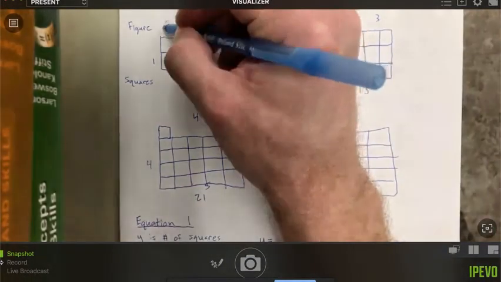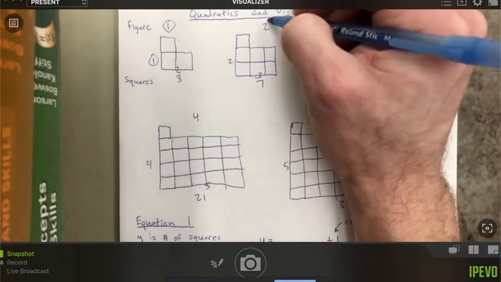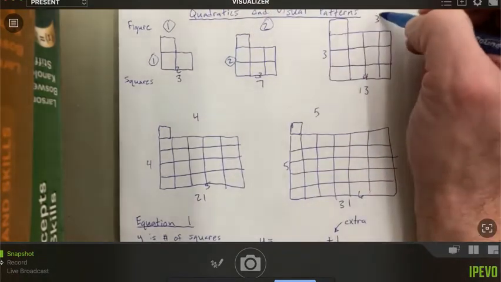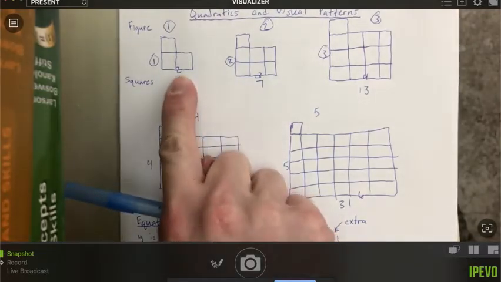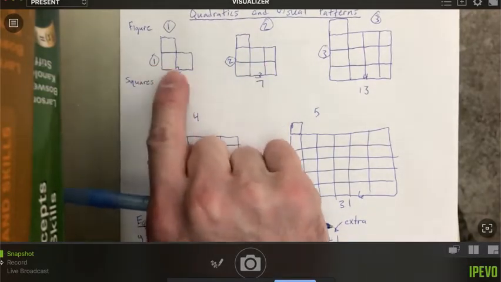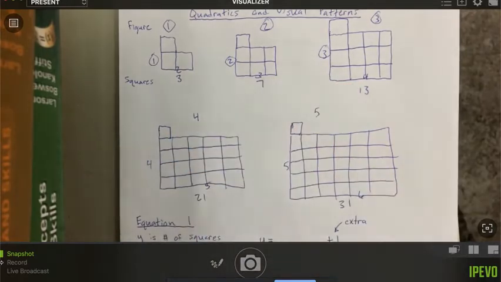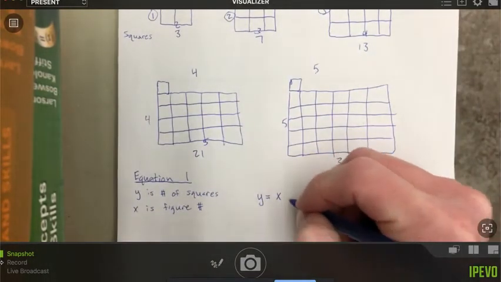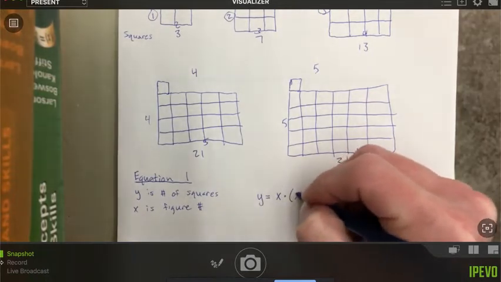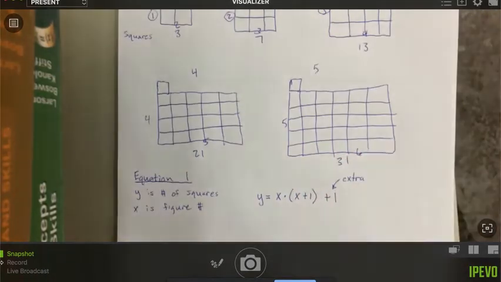So notice how, if I take the figure number, one of the sides of the rectangle is that figure number, and the other side is just one more than that. So 1 to 2, 2 to 3, 3 to 4. So in other words, I'm just doing whatever the figure number is times one more than the figure number, with the one square left over.